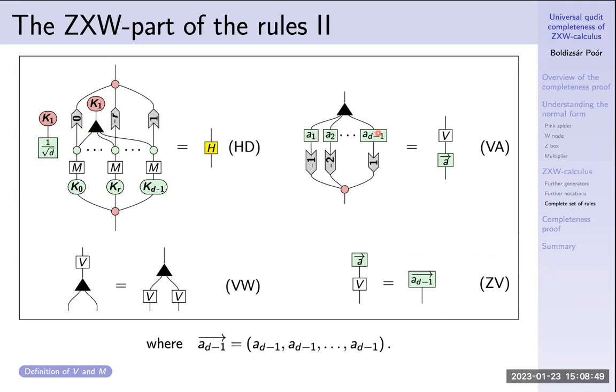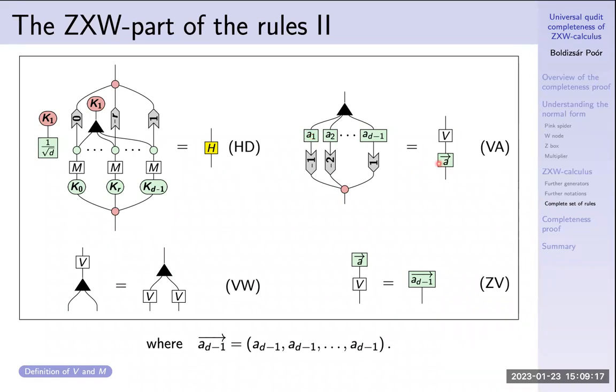Then we have a nice interaction with the Z box and the V box. So if we have a similar structure to the V box, but we also have just the phases of a Z box at the last place, this means that everything is 0 except the last element of the phase.